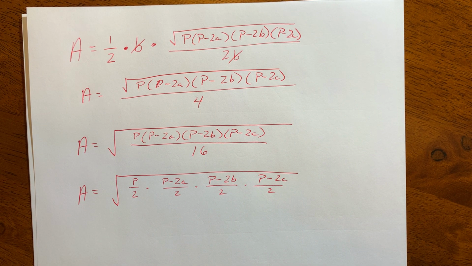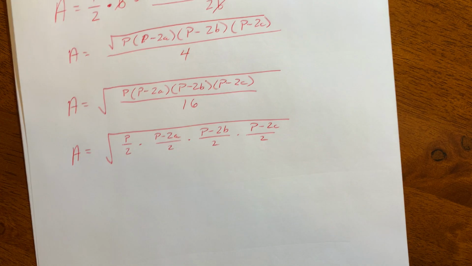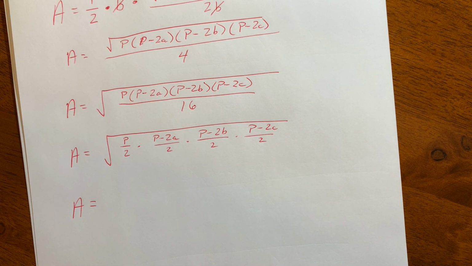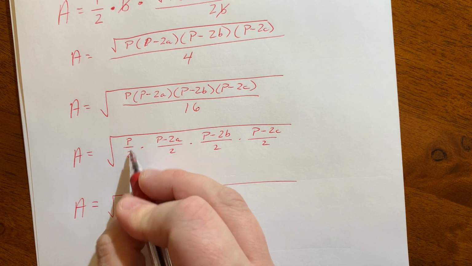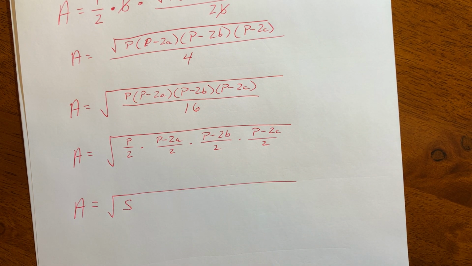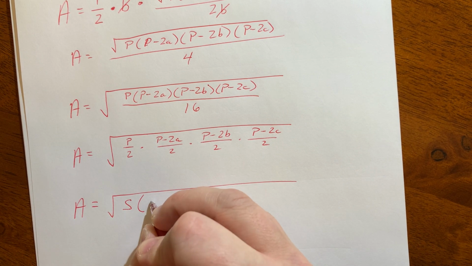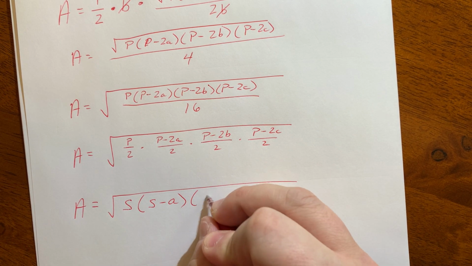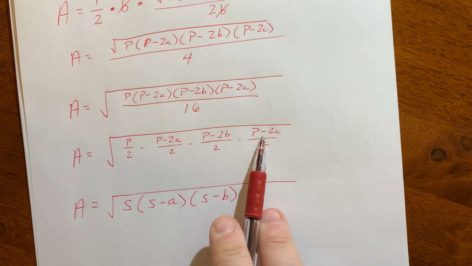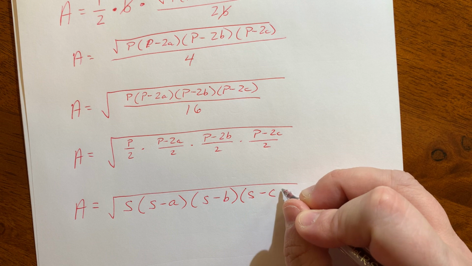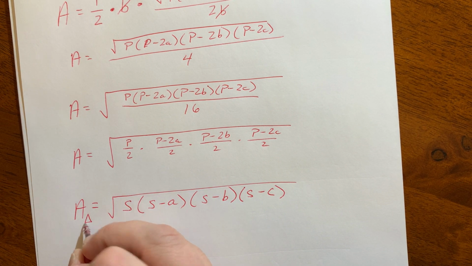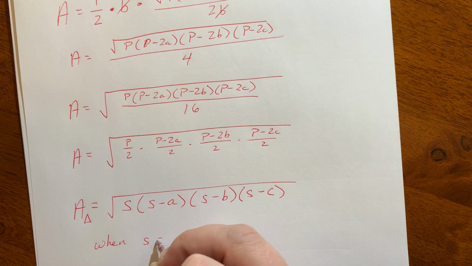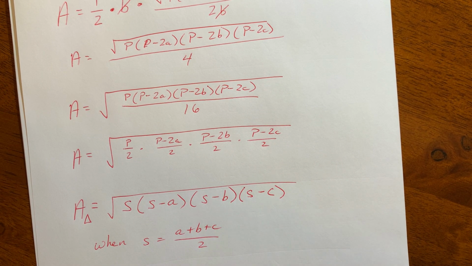But as we stated before, when perimeter is cut in half, that can be called the semi-perimeter, or that can be S. So the area of a triangle is better known as the square root of P divided by 2, which is semi-perimeter, S, times P minus 2A divided by 2, which becomes the semi-perimeter minus A. Then P minus 2B divided by 2 is the semi-perimeter minus B. And P minus 2C over 2 is the semi-perimeter minus C. So this is the area of a triangle when S is equal to the semi-perimeter, or A plus B plus C divided by 2.